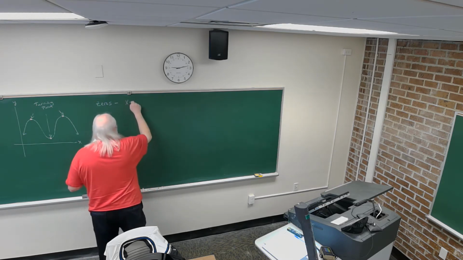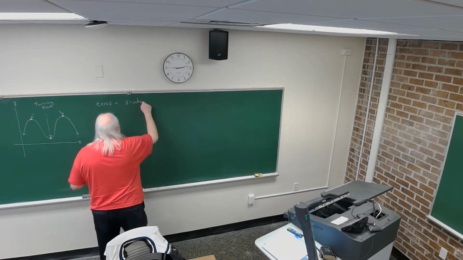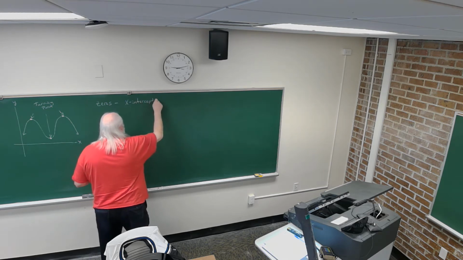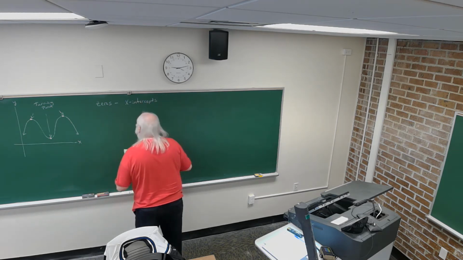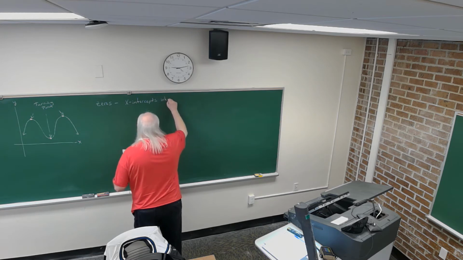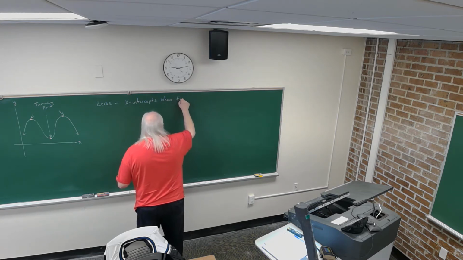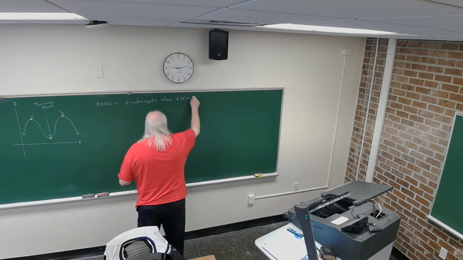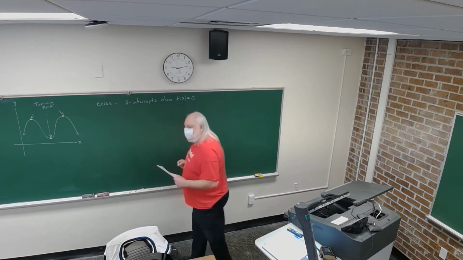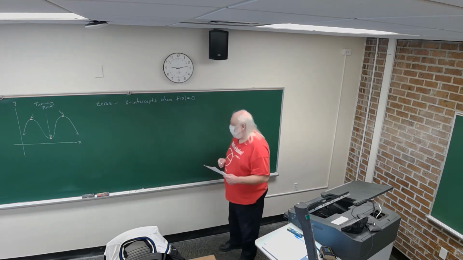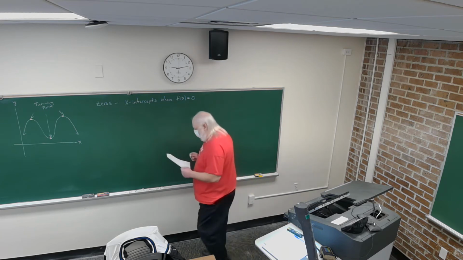The zeros are the x-intercepts of a function, and those occur at values of x that make f of x equal to 0. That makes the value of the function equal to 0.